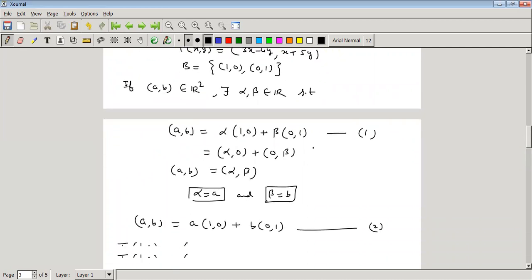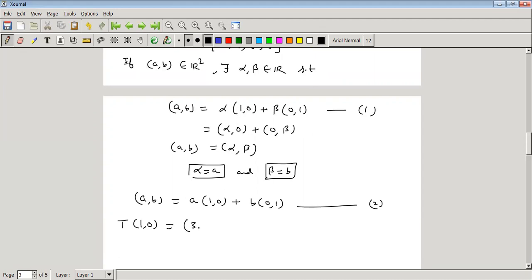So we get (3, 1). And any element (a, b) can be written as a linear combination of elements of the basis, so we use equation 2. Here a is equal to 3 and b equal to 1. We can write 3 times (1, 0) plus 1 times (0, 1).